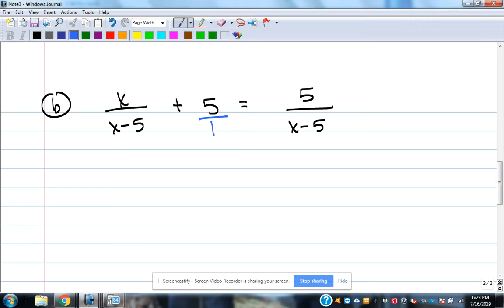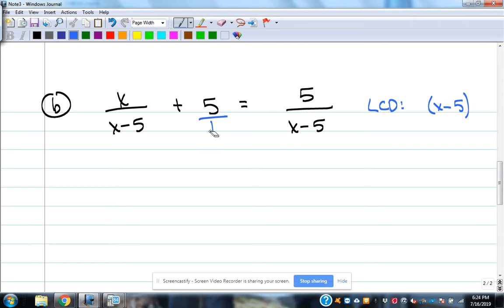So once I've looked at that, and if anything needed factoring, I factor it. Well, this one didn't need factoring, so I can go ahead and look at my least common denominator, which for this one is really not bad at all because I only have x minus 5. I've got two fractions that have an x minus 5, so x minus 5 has got to be part of that. And then the other fraction only has a 1 on it.